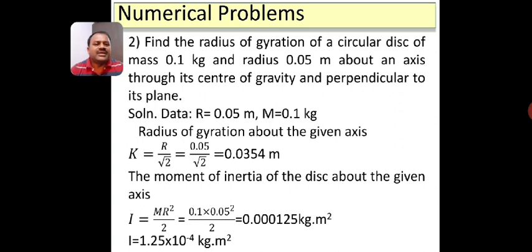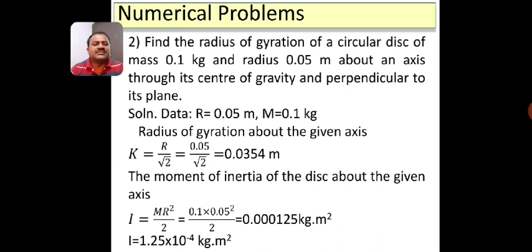The radius of gyration of the circular disk about an axis through its center and perpendicular to its plane is given by k is equal to r divided by square root of 2. So k is equal to 0.05 divided by square root of 2. If you divide 0.05 by root 2, you will get 0.0354 meter as the answer.